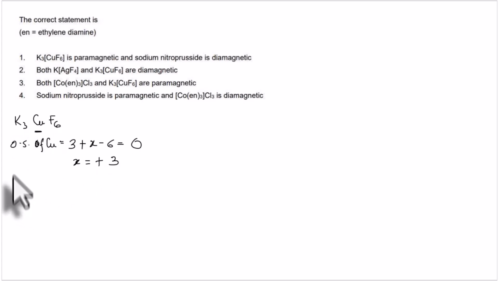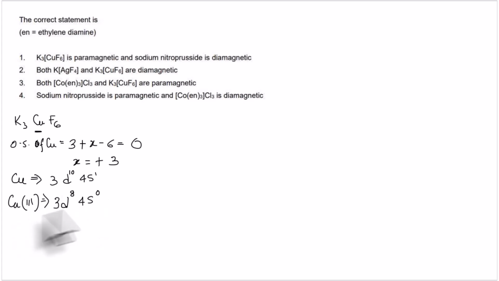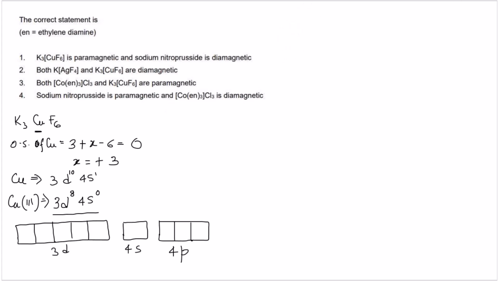Now what is the valence electronic configuration of copper? Copper is 3d10 4s1. And in the plus 3 oxidation state, the valence electronic configuration becomes 3d8 4s0. So 3 electrons gone. And now the d8 arrangement. Before filling the d8 electrons of Cu3+, what kind of ligands is it attached with? It is coordinated with fluoro ligands, which is a weak field ligand, and it will favor no pairing.